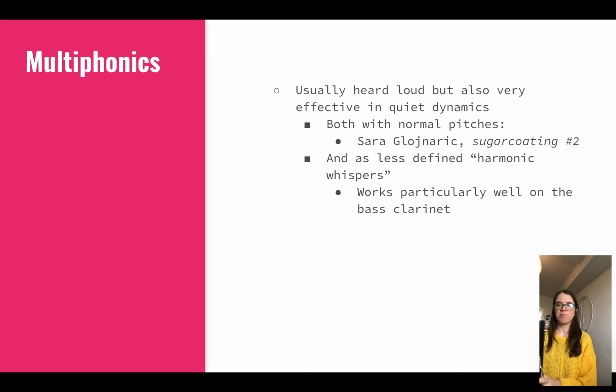The loud one, I mean, there was a time when everybody was writing this sound all the time. I think it kind of peaked in the early 2000s, and it was that sort of classic clarinet new music sound for a while.